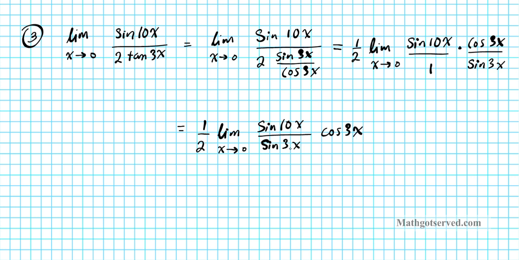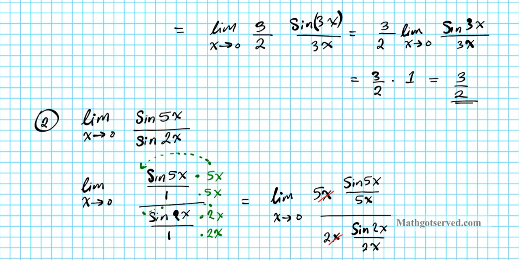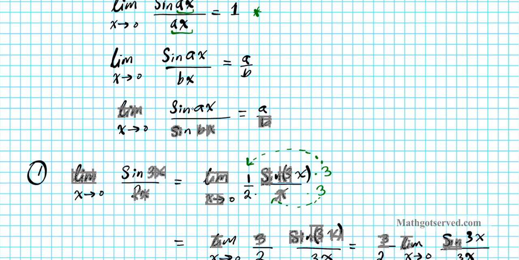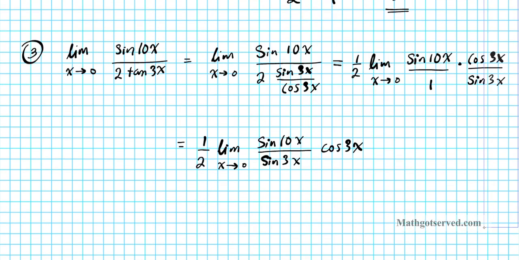Can you tell what this limit is just by looking at it? You should be able to tell that this piece is going to be 10 over 3, using the trick I showed you up here, sine ax over sine bx, you just take the quotient of the coefficients. So this is going to be 10 over 3. And in this limit right here, if you plug in 0, cosine 0 is 1, so it's going to be 10 over 3 times 1, which is 10 over 3 times 1 half, which is going to be 5 over 3.